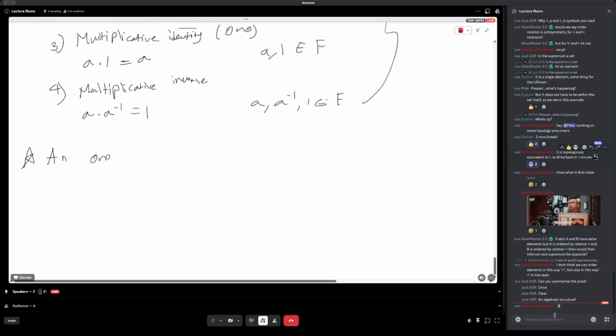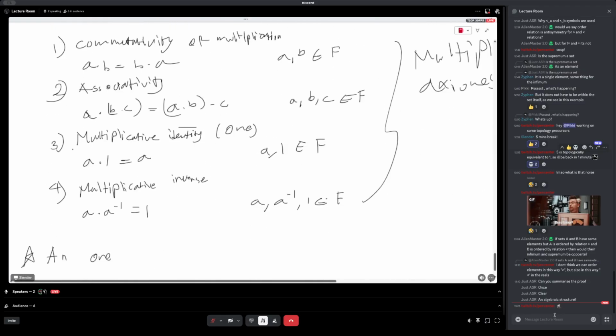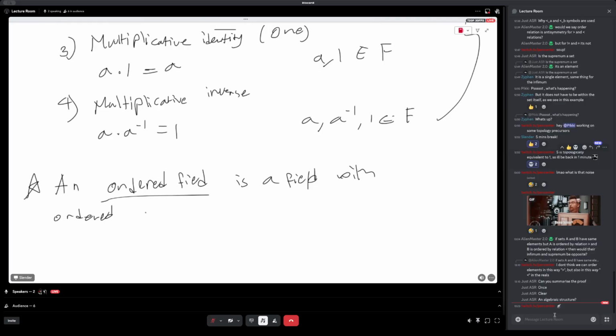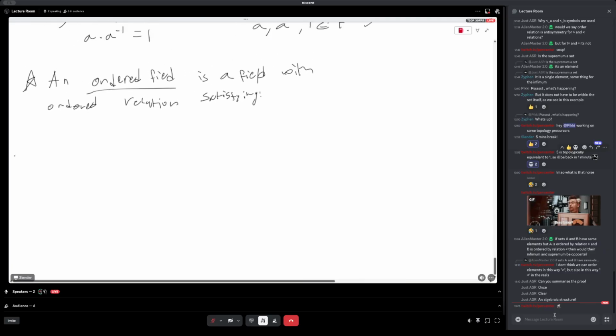Since we said a field is a set with two binary operations, an ordered field is basically just a field with an order relation satisfying certain properties. An ordered field basically allows you to compare two numbers.